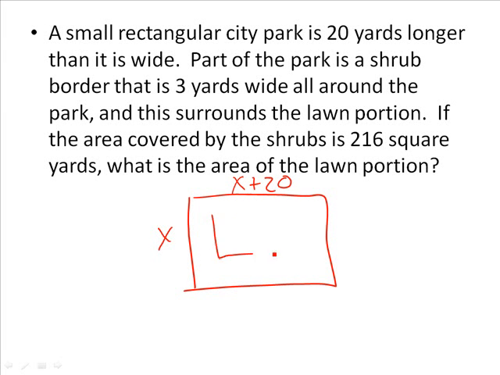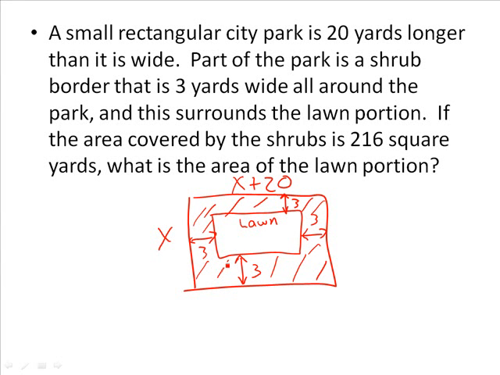So that's actually part of the park, and there's this 3-yard shrub border all the way around, surrounding the lawn portion. So here's our lawn in the middle. If the area covered by the shrubs, here's the area where the shrubs are, is 216 square yards, what's the area of the lawn?